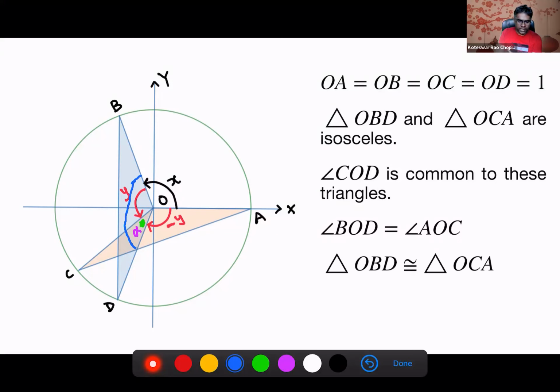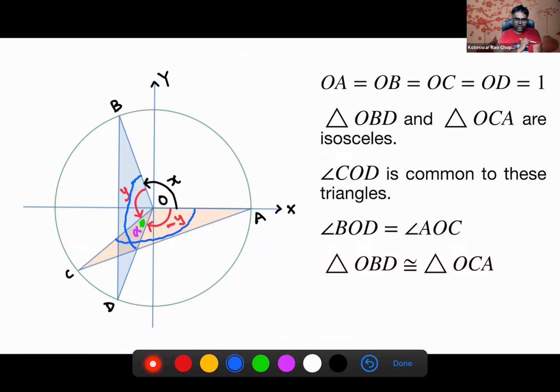And in triangle OCA also, magnitude wise, that minus sign is indicating in which direction we are moving, this angle is still y. So the angle OCA is also y plus alpha.